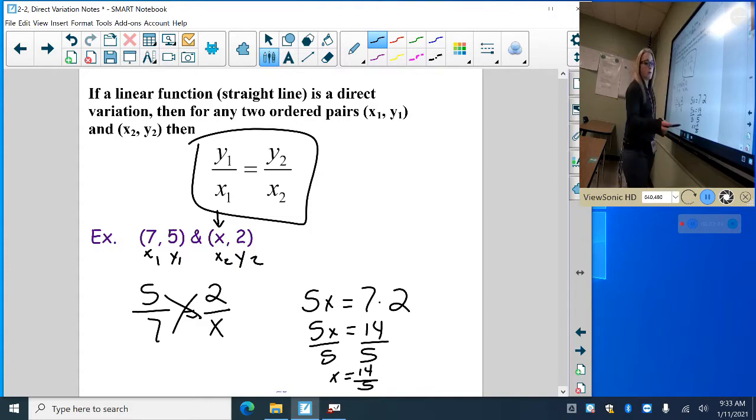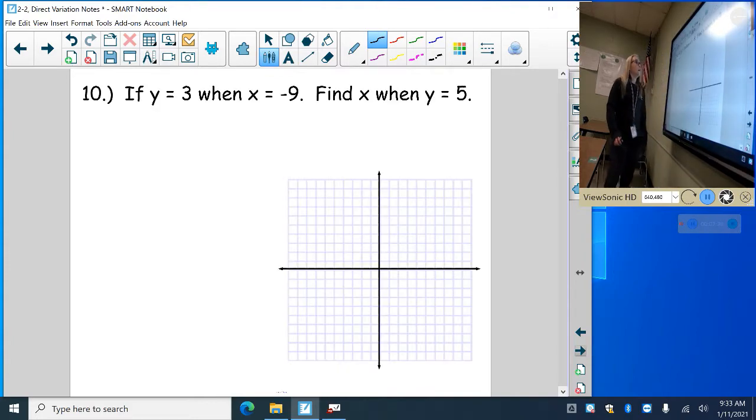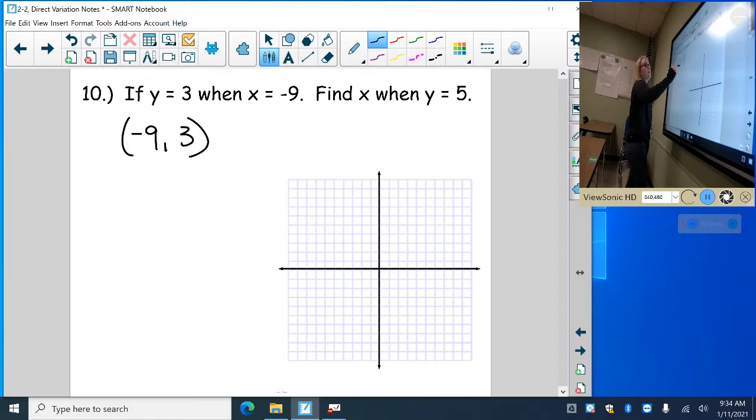All right, let's try another one. If y equals 3 when x equals negative 9, find x when y equals 5. So I have negative 9, 3, and blank, 5.